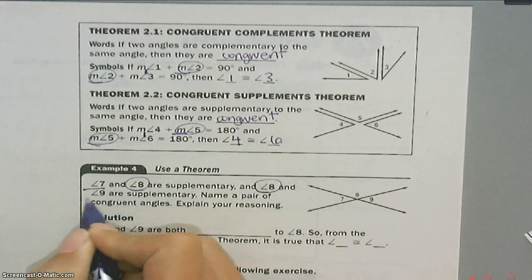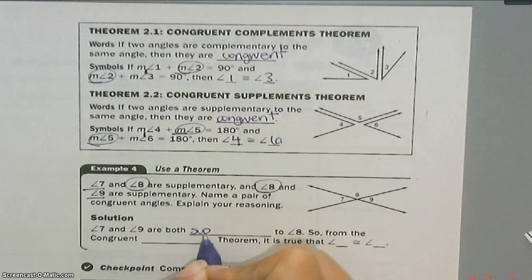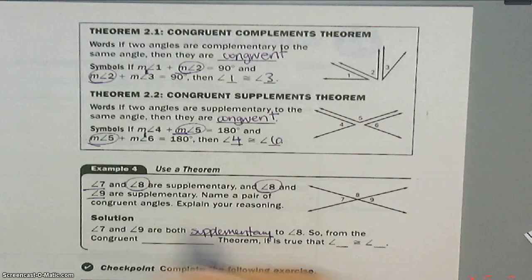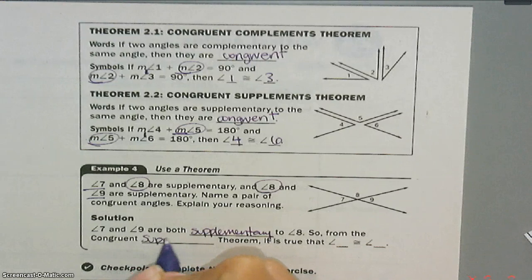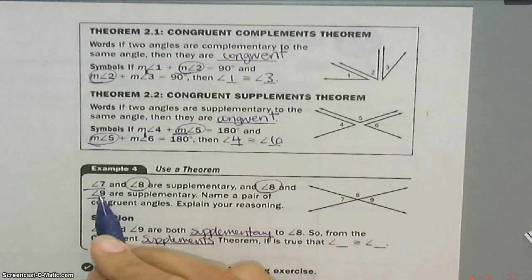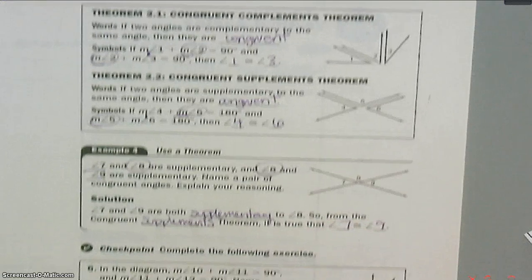That means 7 and 9 have to be equal because they're both supplementary to angle 8. So from the congruent supplement theorem, 7 and 9 have to be congruent, and that looks correct from our picture.